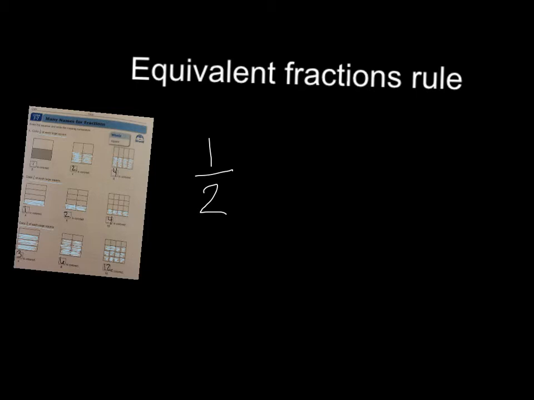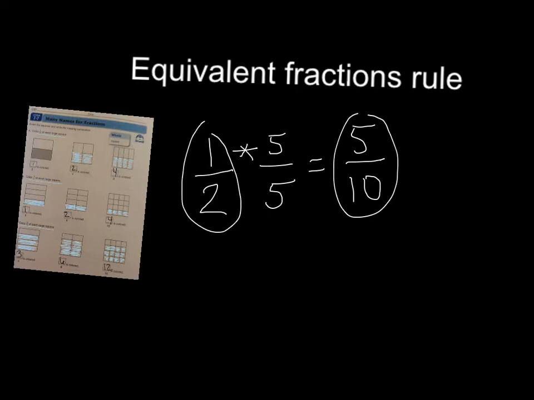So in the past example, we multiplied everything by 2 over 2 and 4 over 4, but I could multiply this fraction by any number. So if I wanted to multiply 1/2 by 5 over 5, the fraction 5/10 we know is equivalent to 1/2.